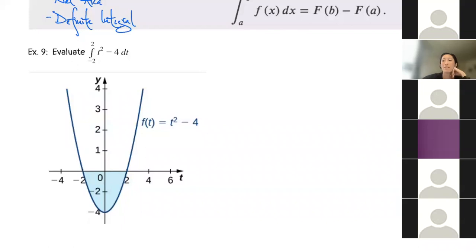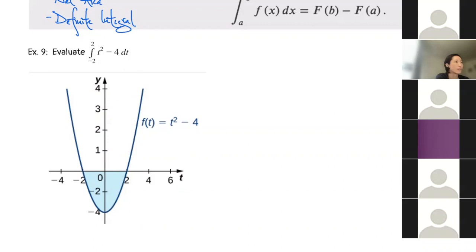All right, what are our thoughts? Positive answer, negative answer, how do we know? I've got one vote for a negative.